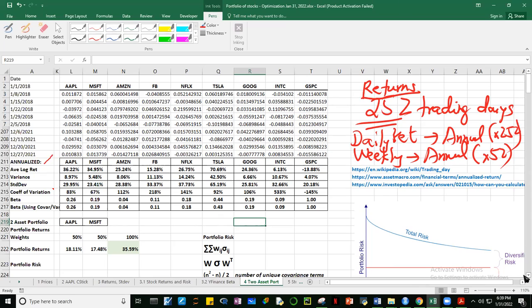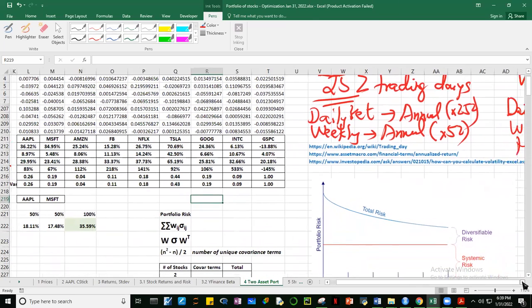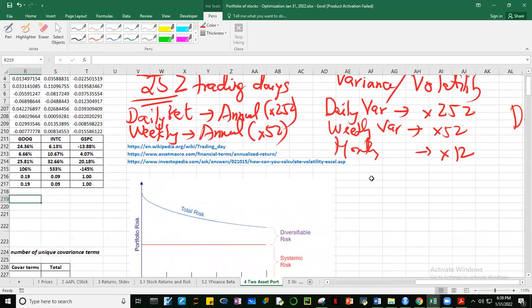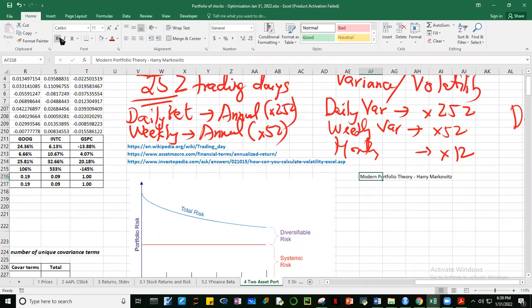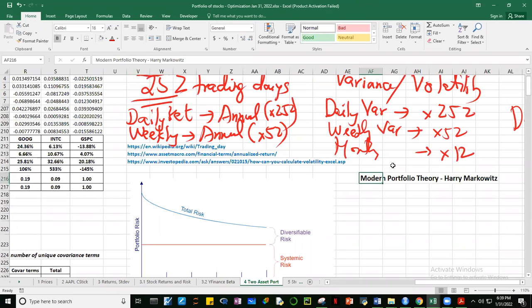Now, yung principle of risk and return in terms of stocks, no? It was formalized by Markowitz, no, sa kanyang modern portfolio theory. Okay, so by Harry Markowitz. So this was in the 1950s. Nobel Prize winner to siya for this for his work in portfolio management, in portfolio theory.